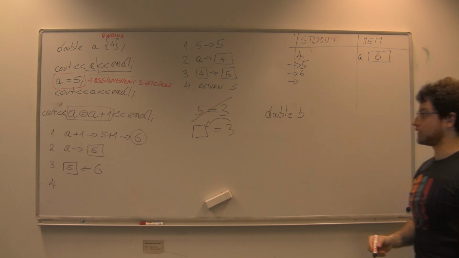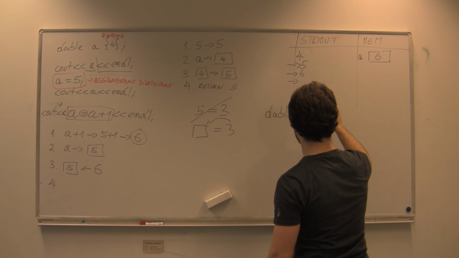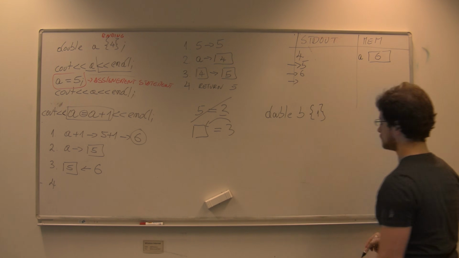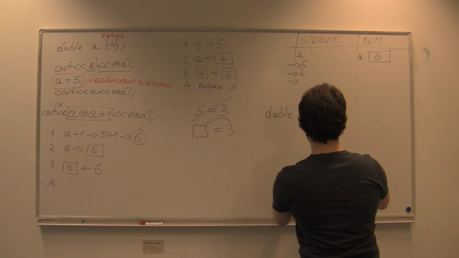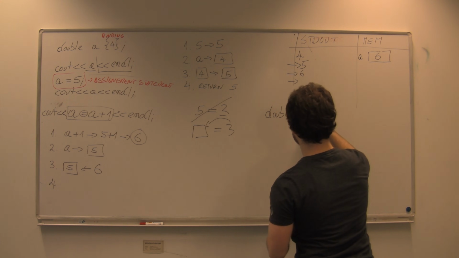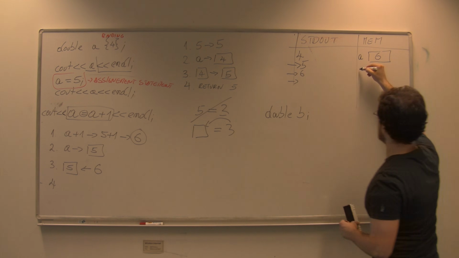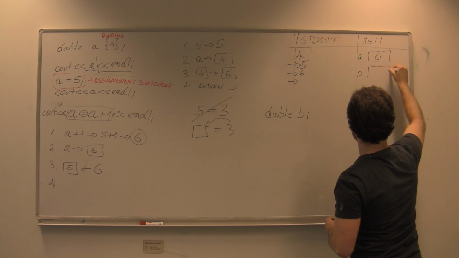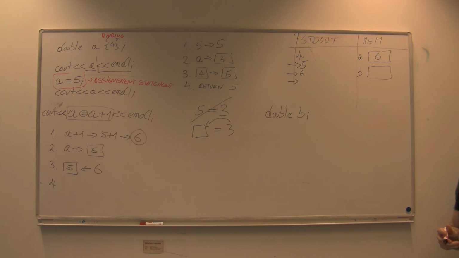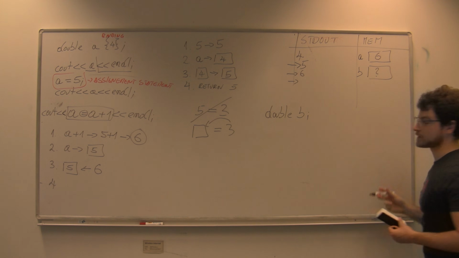Introduce a variable b, bind it to a value 1. Or, for example, let's not bind it to any value. Let's just say this. And the result of this is that b has a box associated to it with a singular value. We don't know what this value is.